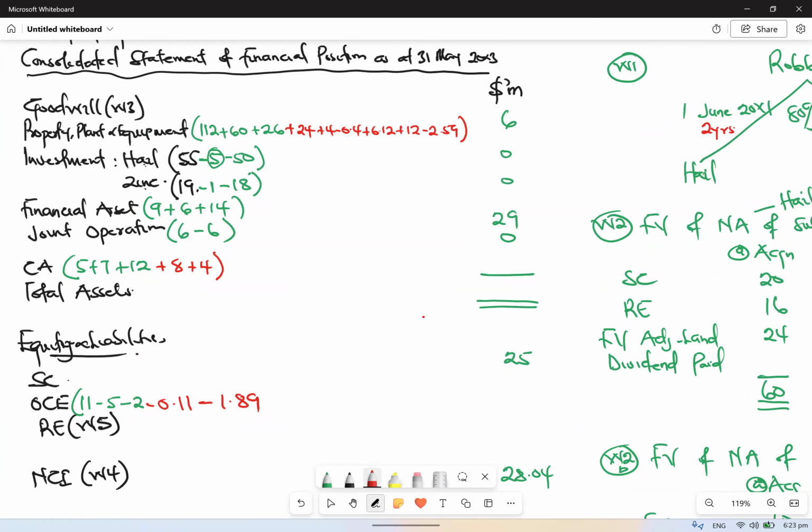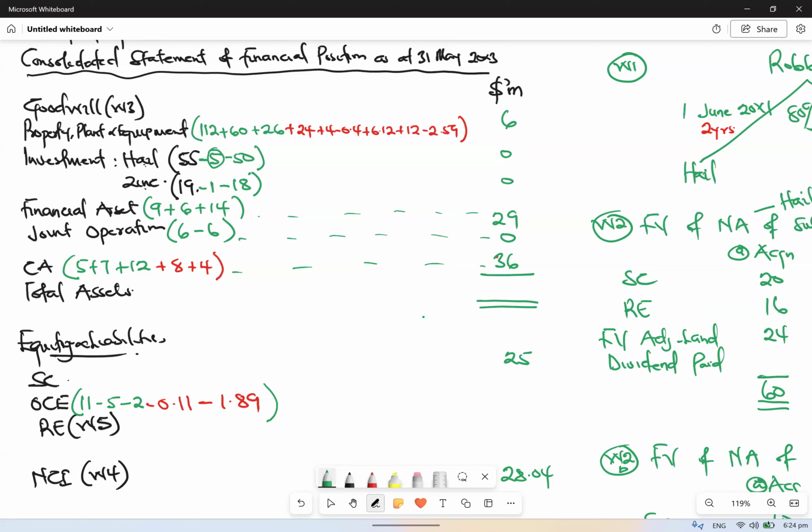Please total the asset for me. 5 plus 7 is 12, 24, 32, 36. So here is 36. Financial asset is done. This one too is done. This is done. So we just need the asset to add.